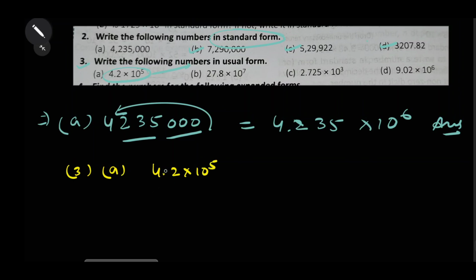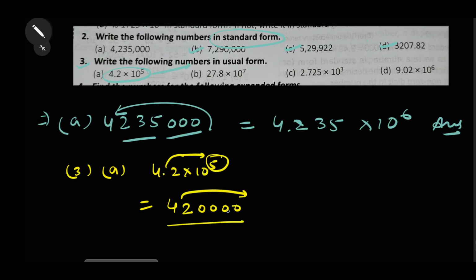We have to shift the decimal as many places as the number in the power of 10, which is 5. So we can write 420000. The decimal moves from here up to which place? 5 places. So this is the usual form, and this is our answer. In this way you can solve this, and this.